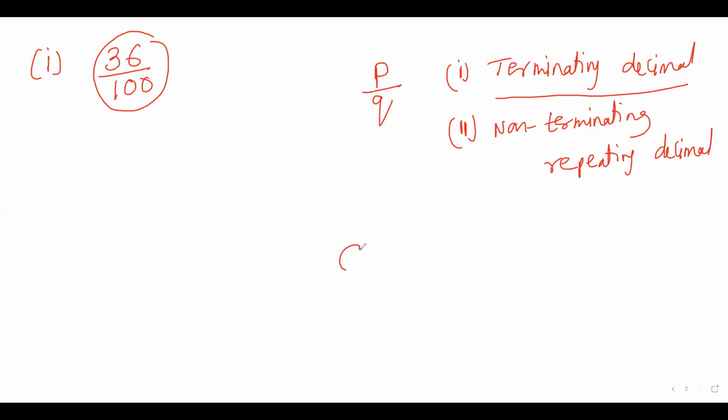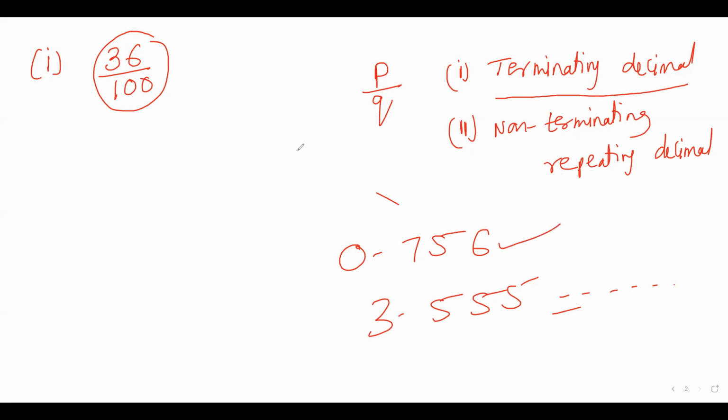If the decimal form is ending, then you say it is a terminating decimal. If the decimal form is repeating and not ending, then we can say non-terminating repeating decimal. Two possibilities are there. You can divide and finally tell which one.